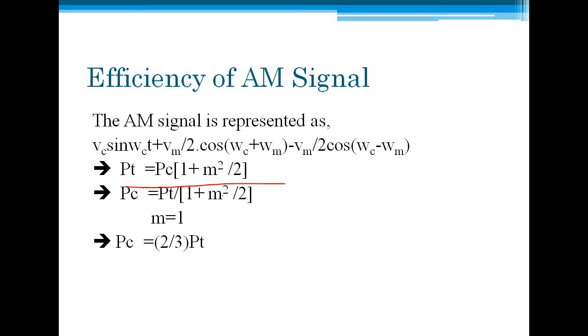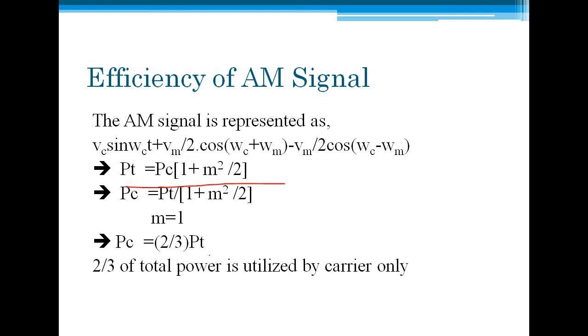So from that we come to know that the power consumed by the carrier is 2/3 of the total power which we are transferring. So it is utilized by the carrier only, and actually the carrier doesn't carry any information. The carrier is just a medium which carries the information. So 2/3 of the total power is utilized by the carrier only.